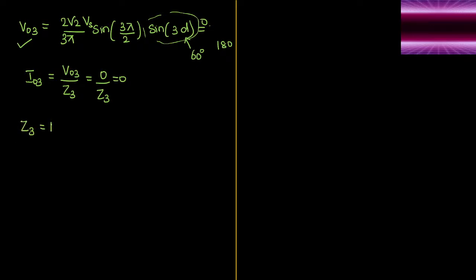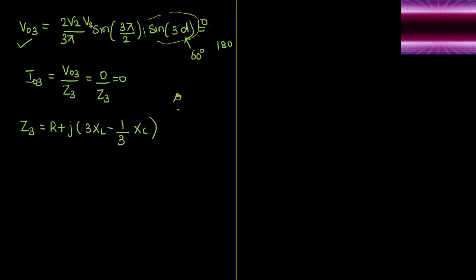How will you calculate? We know R plus j times of 3 times of XL minus 1 upon 3 times of XC. Can I write like this? Remember one thing.